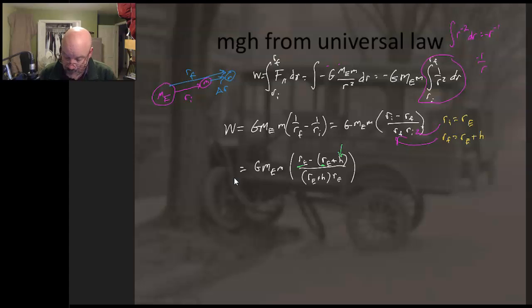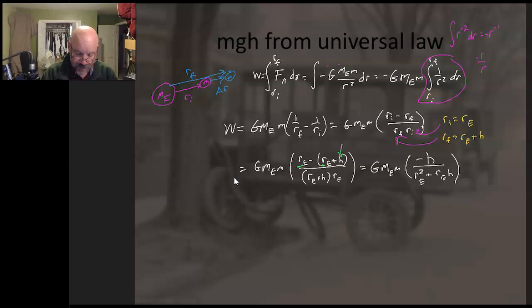So let's write that down. G, M-E-M. We're left with an H on top. It's a minus H, actually. And then I'm going to have RE squared plus RE times H.